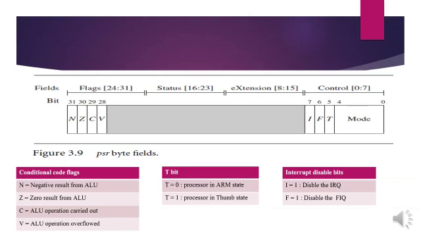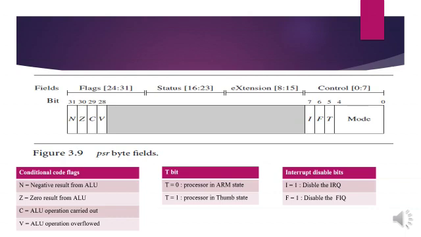In ARM state, each instruction is 32-bit in size, whereas in Thumb state it is 16-bit. And the bits 6 and 7, the interrupt masks, are used to stop the specific interrupt request from interrupting the processor.